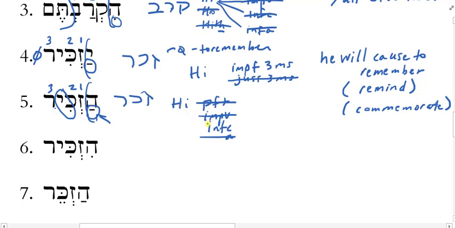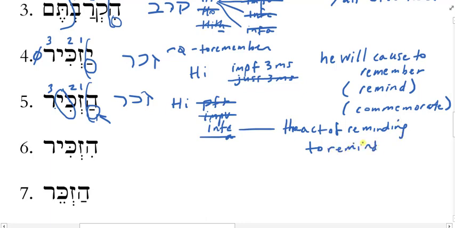So the only thing this can be is the hifil infinitive construct. How will I translate that? I don't have to add anything else to my parsing because the infinitive construct doesn't have anything attached to it. All right? So this is the act of, or to what? Yeah, the act of reminding or to remind. We'll just keep it simple, okay?